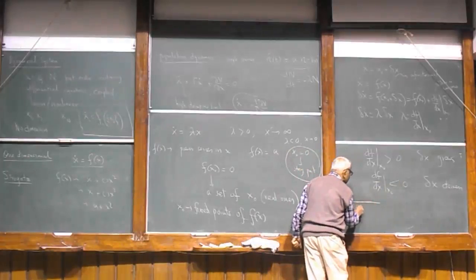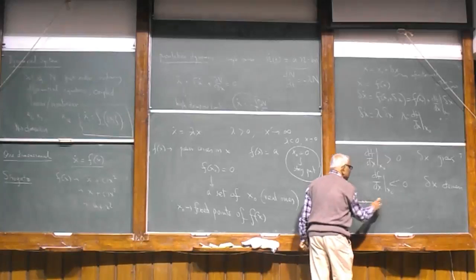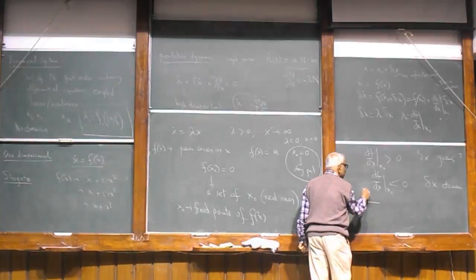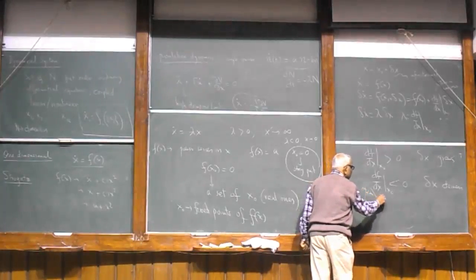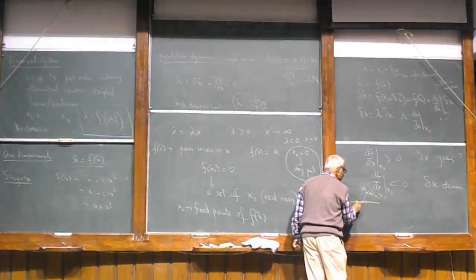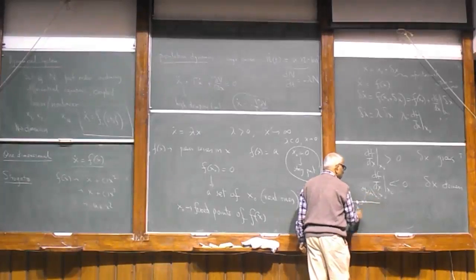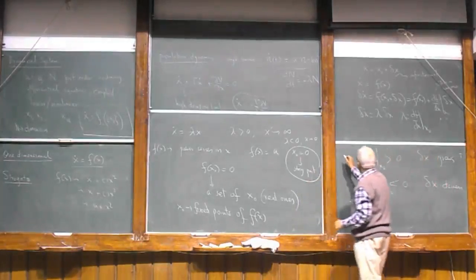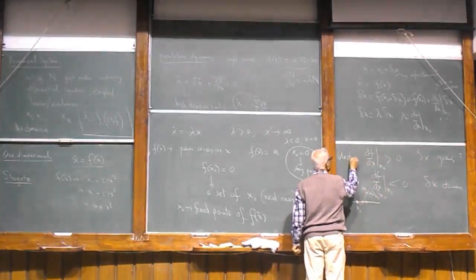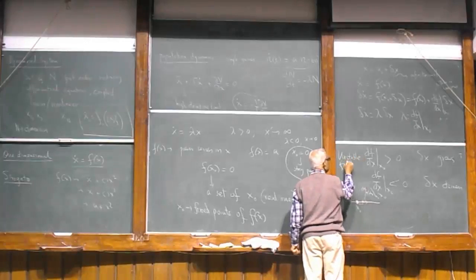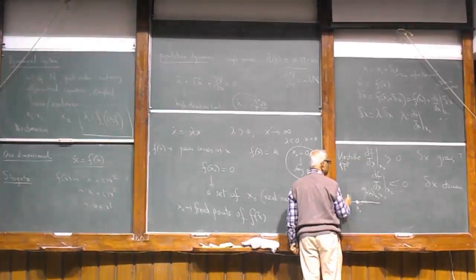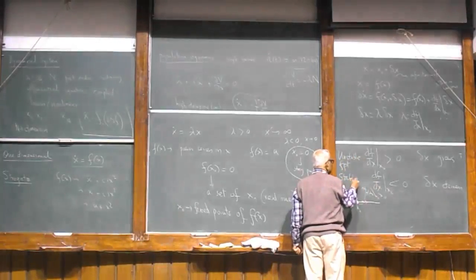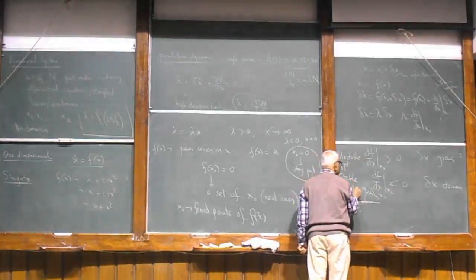So here is my x0, and you have started out from here, and you will go away if df dx at x naught is greater than 0, and you will move in towards this fixed point if it is the other way. So in the case where df dx is greater than 0, you have an unstable fixed point. And if df dx is less than 0, you have a stable fixed point.